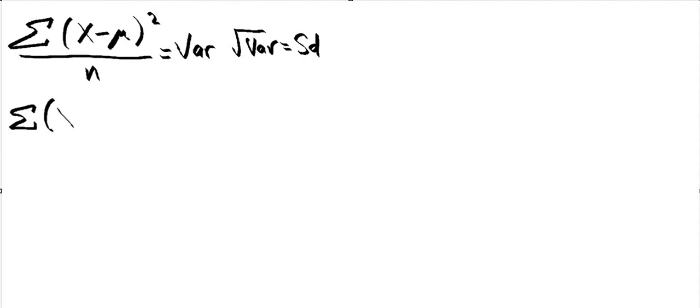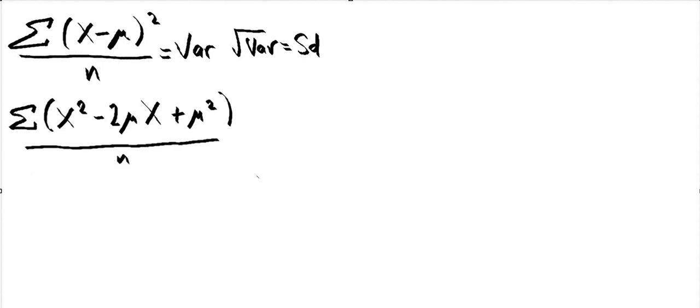So if I do that, I've got x squared minus 2 times the mean times x plus the mean squared. And this is still being divided by n. Well, remember, we're just adding these things up.